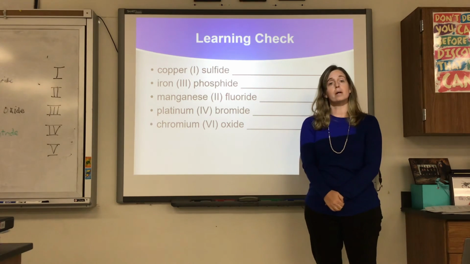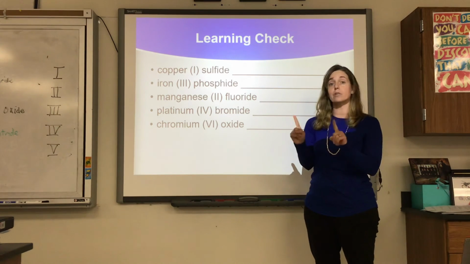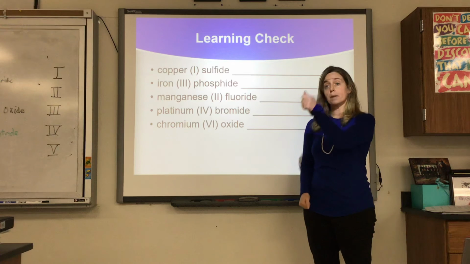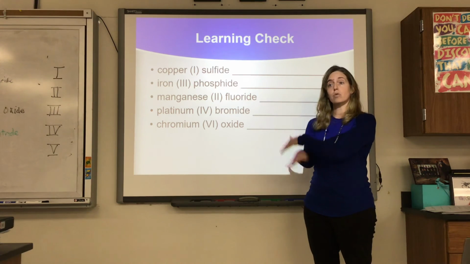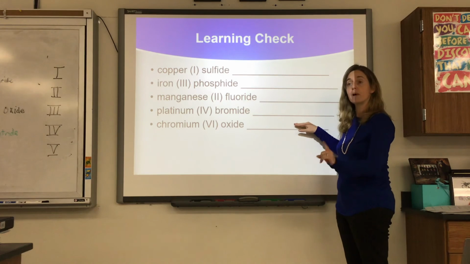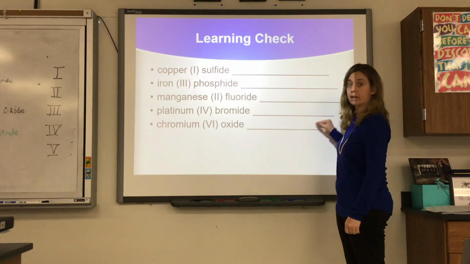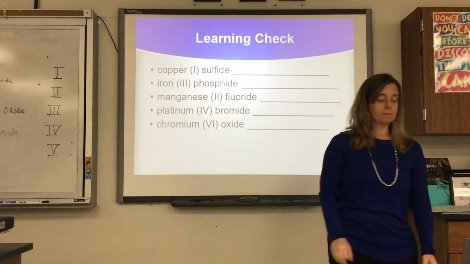So chromium would be a +6, oxide would be a -2. They don't cancel, so you crisscross. +6, -2, cross them, so it would be Cr2O6. But remember, least common multiple, you would have to simplify that into CrO3 is what the final would be, okay?